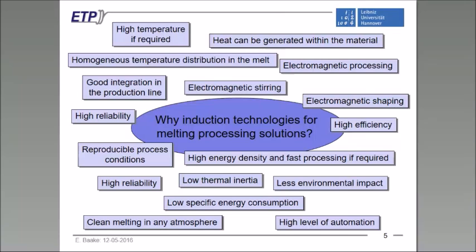As you can see on this slide, there are many technological advantages like high temperatures we can get, for example, for skull melting processes more than 3,000 degrees. We can have a higher reliability, for example. We can integrate the equipment very well in the production lines. But the most important for induction melting is the electromagnetic steering and the electromagnetic shaping, which leads to very high quality of the melt.